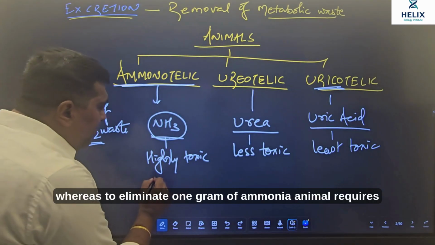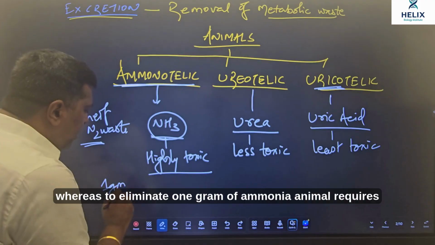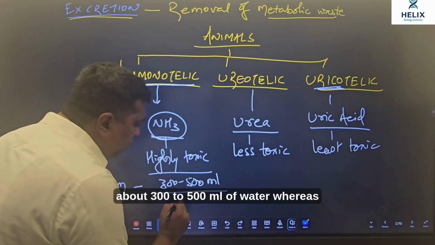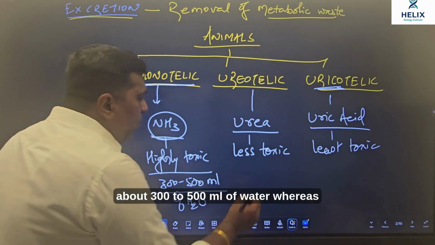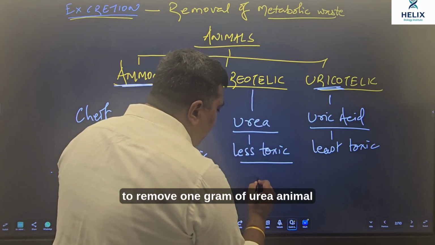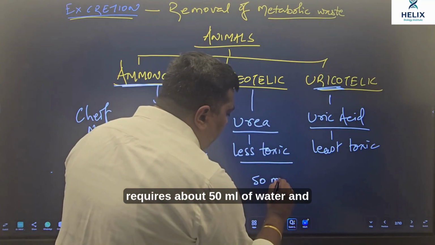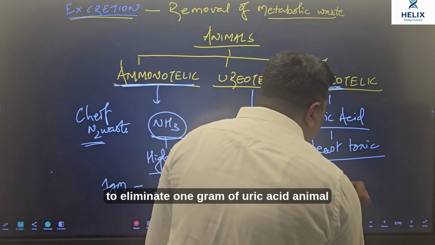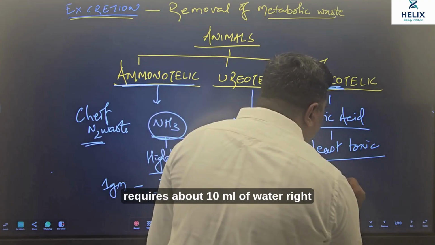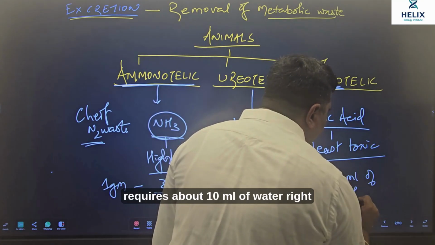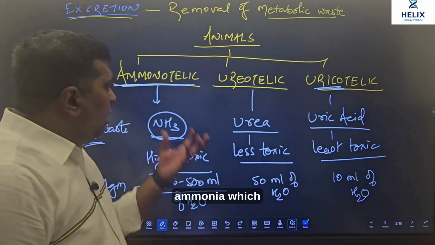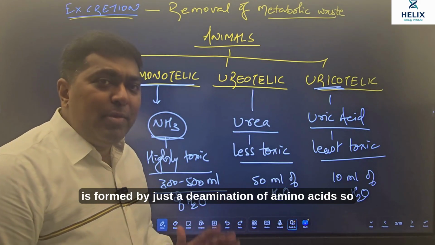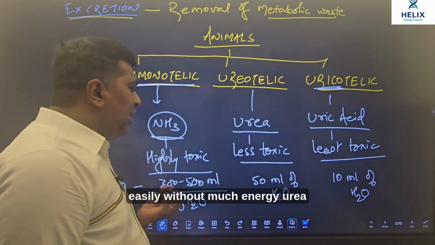Okay, whereas to eliminate 1 gram of ammonia, animal requires about 300 to 500 ml of water, whereas to remove 1 gram of urea, animal requires about 50 ml of water, and to eliminate 1 gram of uric acid, animal requires about 10 ml of water. Right? Ammonia is formed by just a deamination of amino acids, so it is formed very easily without much energy.